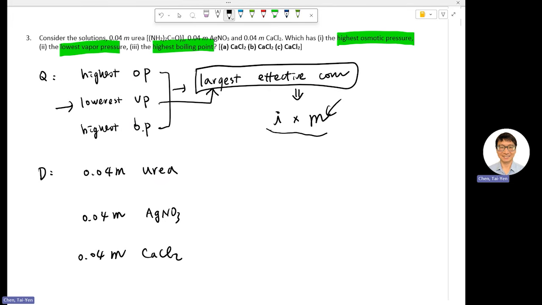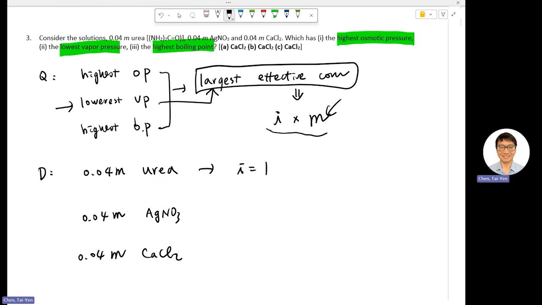So what's i for the urea? I hope you see these things. Every time you see a species that doesn't contain metals, there's a high chance it is a non-electrolyte, meaning the i is going to equal 1.